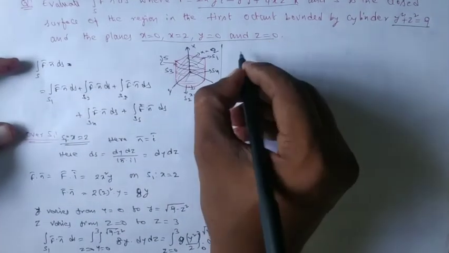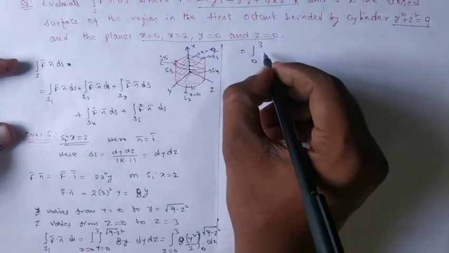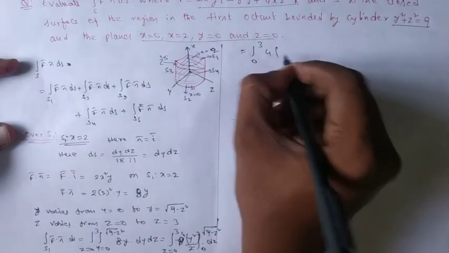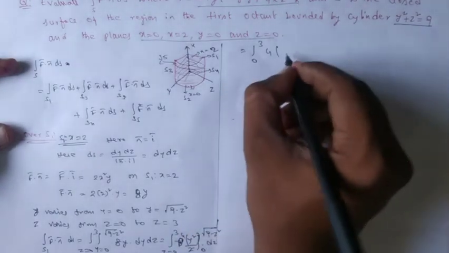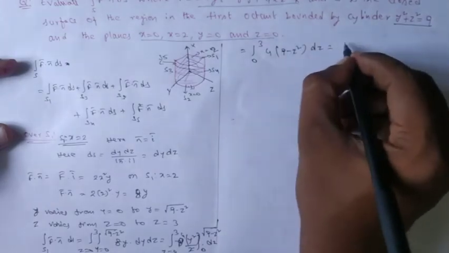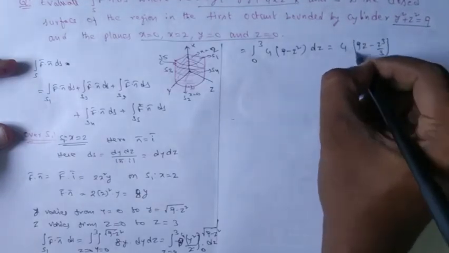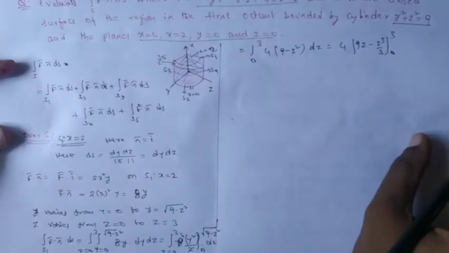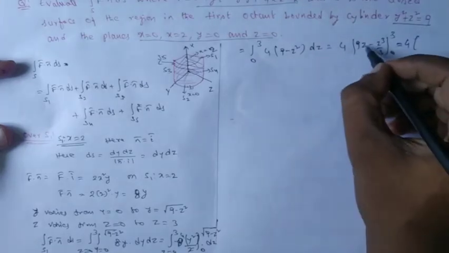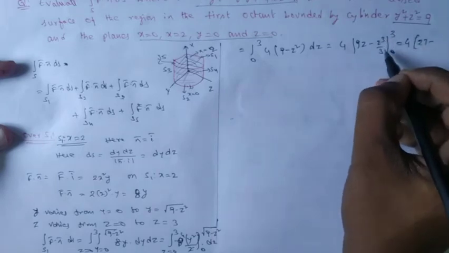So it becomes integral 0 to 3, this 2 cancels here, 4 times 9 minus z square whole dz. After simplifying, we can have 9z minus z cube by 3 over the limits 0 to 3. On simplifying, we have 4 times, substitute 3: 27 minus 3 cube, 27 by 3 is 18.